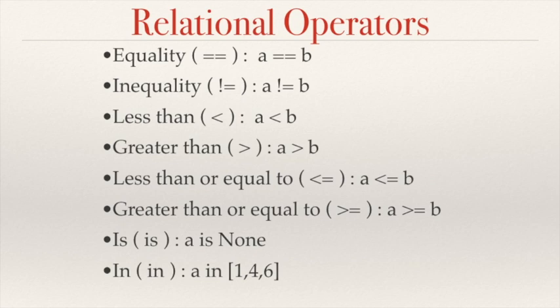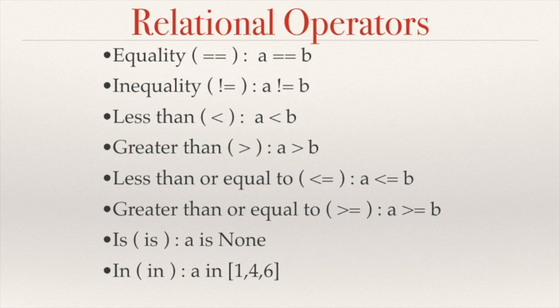The outcome of any comparison using the double equal to operator is always one of the two Boolean values, that is true or false. If the comparison stands good, then the expression is evaluated as true, otherwise it is evaluated as false.